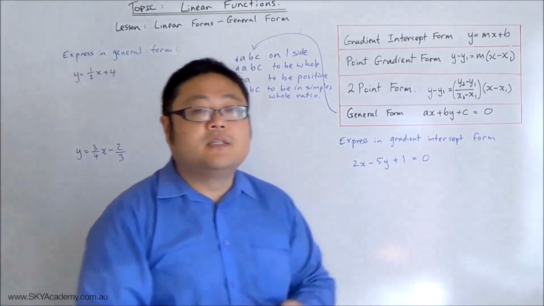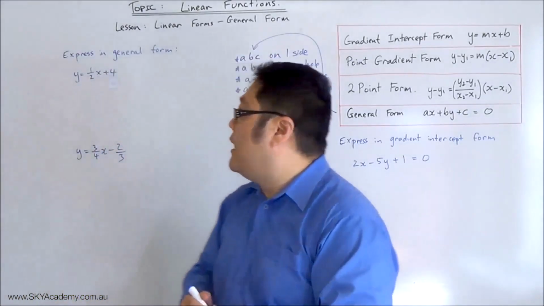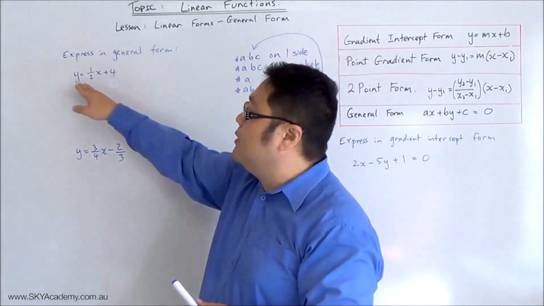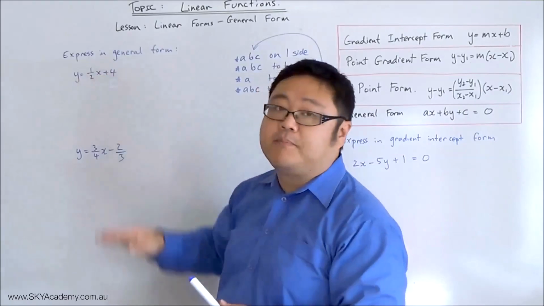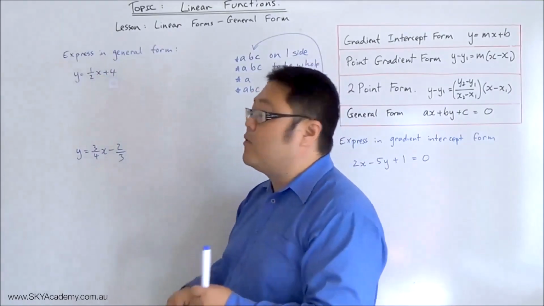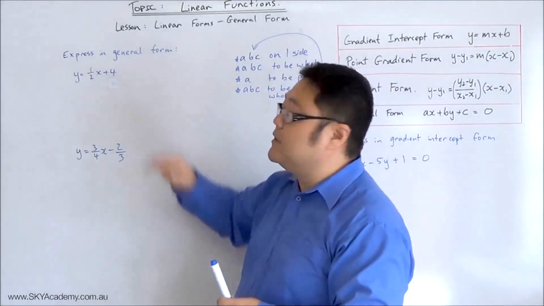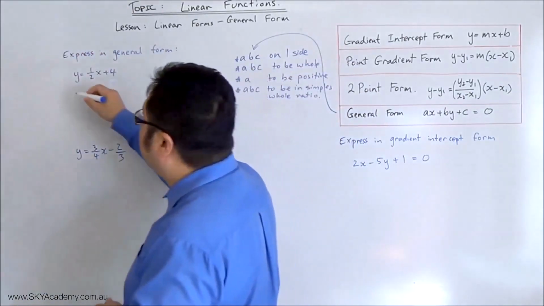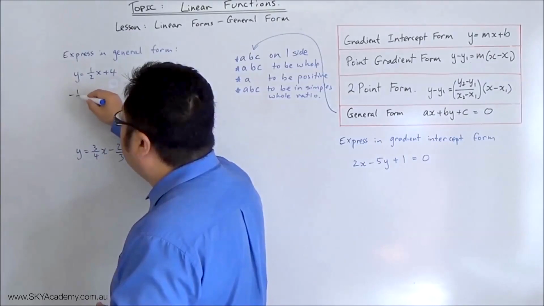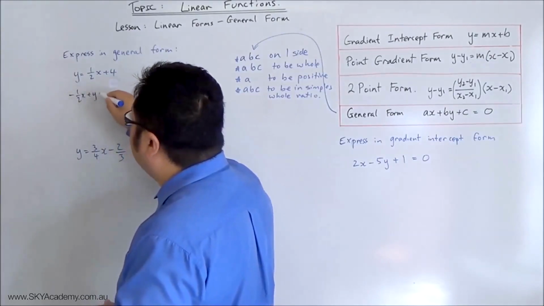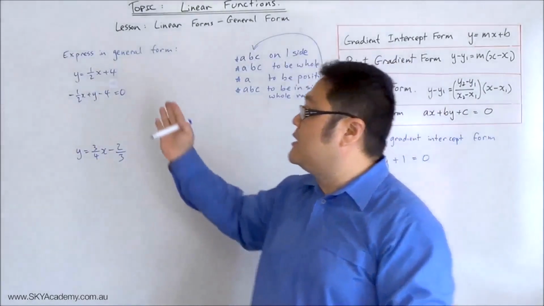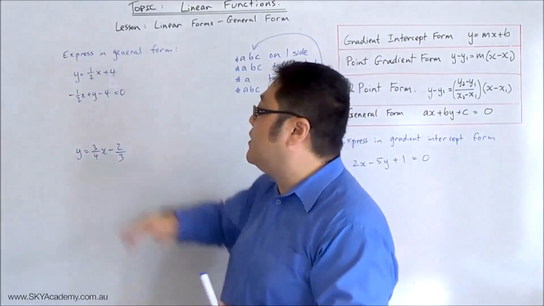Let's have a look at this particular question. Express in general form y is equal to half x plus 4. So that's in gradient intercept form into general form. We bring everything over to the left hand side, and we've got minus a half x plus y minus 4 equals 0.